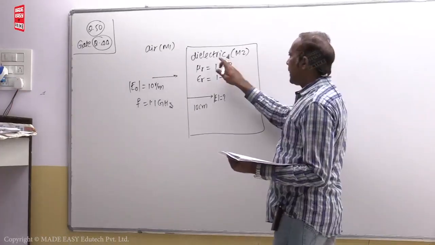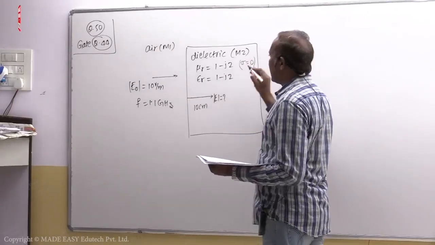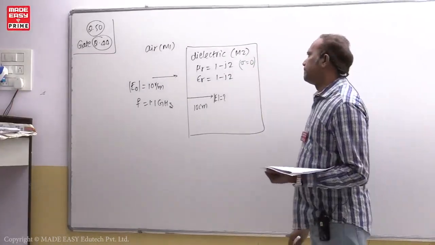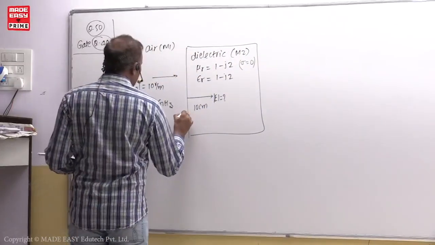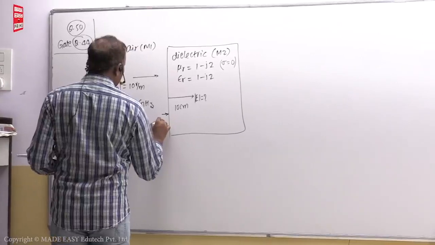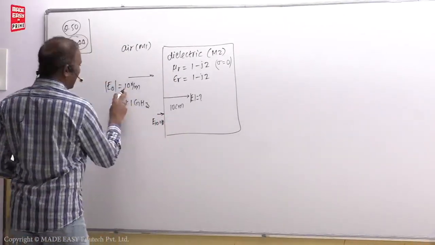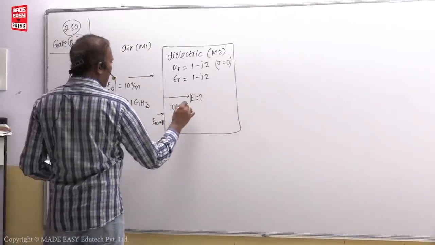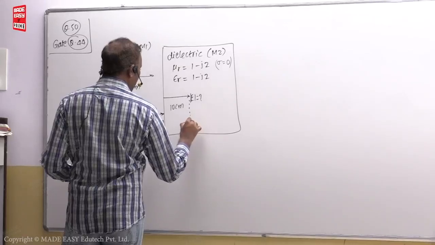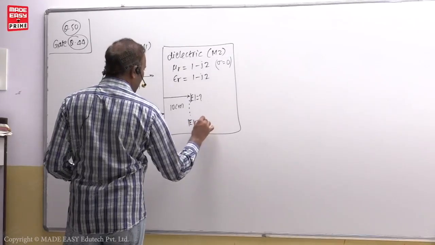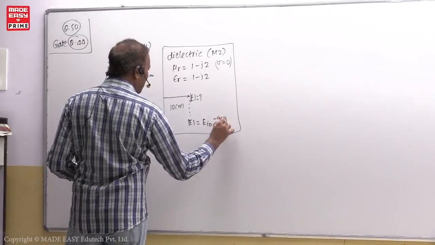Here, since it is a dielectric, that means sigma is 0. Now here the incident wave EI0 is given as 10. Now at this location the electric field is equal to EI0 into e power minus alpha into z.